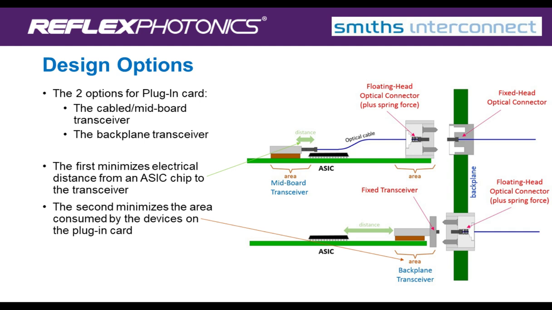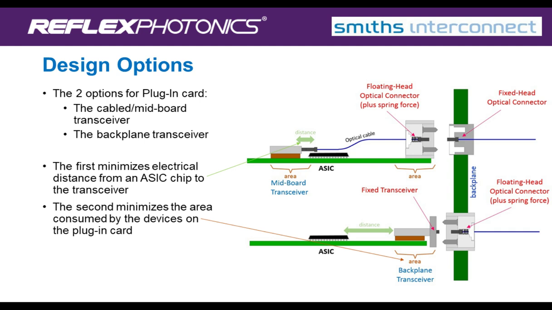This is a bit of a cartoon to sort of describe the two options a little more clearly. The first option, the top one, is the cabled or midboard transceiver, and the bottom one is the backplane transceiver. They both have pros and cons.